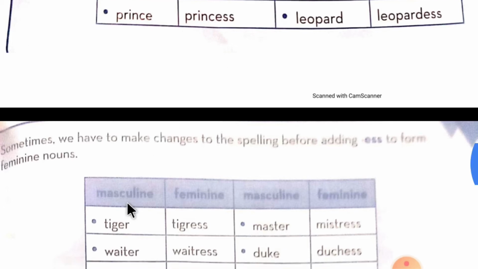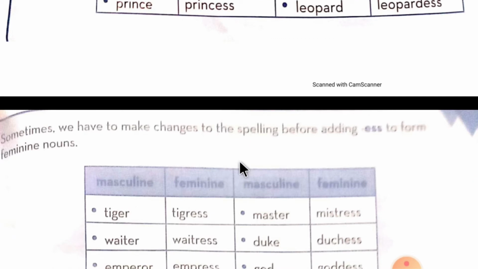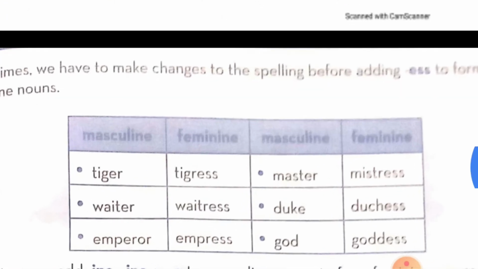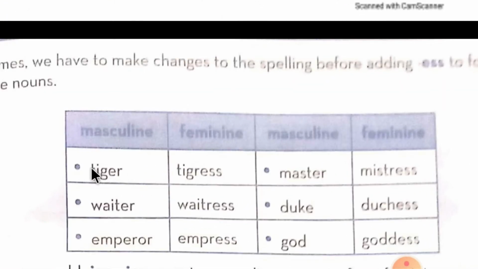But here in this type of words, we have to do slight change in the spelling. So which are this type of word? Look at here, students. For example, tiger. What is the spelling of tiger? TIGER. But if we want to change into feminine gender, the slight change in the spelling, what is that? Tigres.